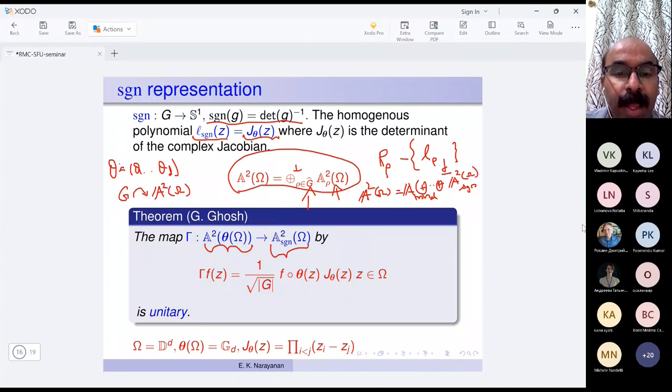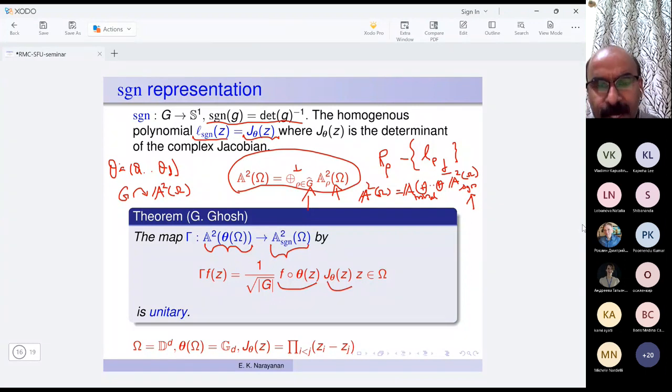So the result by Gargi says that the map gamma, from A2 of theta omega, the Bergman space downstairs, meaning the quotient space, to A2 sign omega, which is one piece of the Bergman space of the original domain omega, given by gamma f of z equal to 1 by root of mod G, that is a constant, forget that, times f of theta z times J theta.